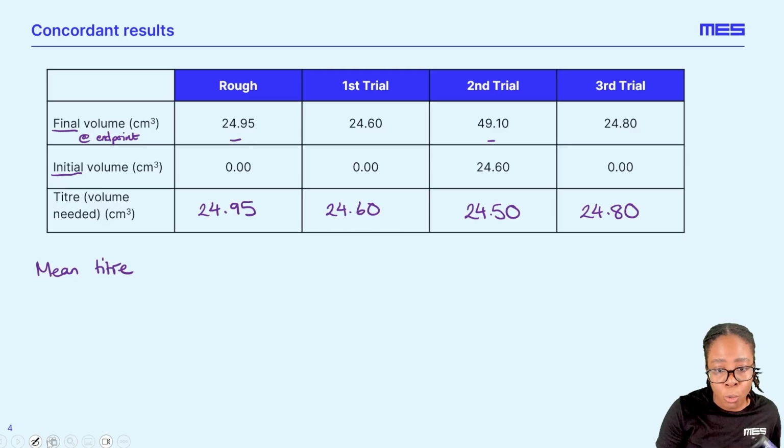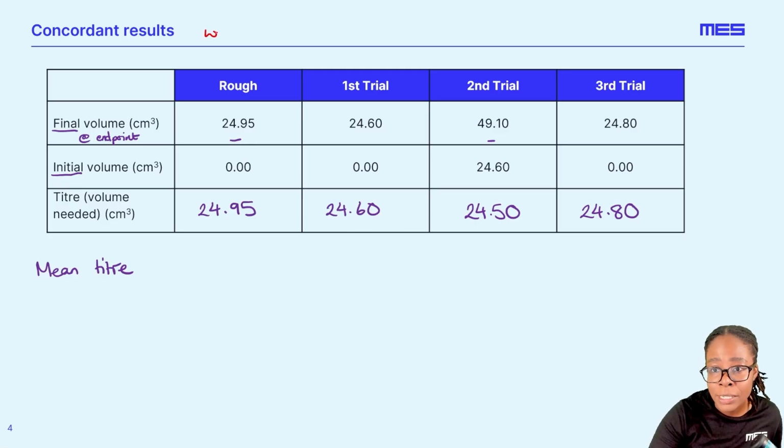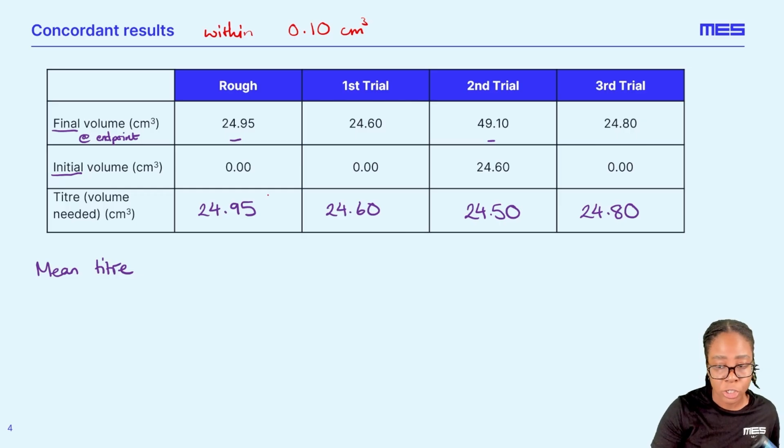Now, when we calculate the mean titer, or the mean volume that we needed from the burette, we only use the concordant results. And concordant results are the titers that are within 0.10 centimeters cubed of each other. Looking at our titers here, our concordant results would be from our first trial and our second trial, because these are within 0.1 centimeters cubed of each other.